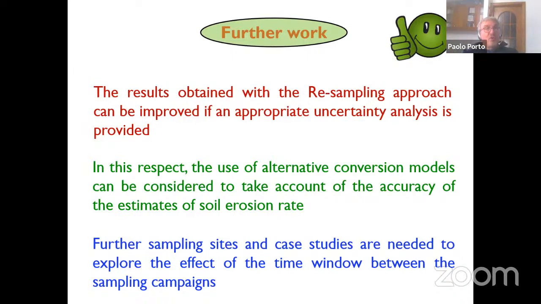If you try to relocate the sampling points that you used in the past, and your monitoring continues, that means you still have data of measured soil erosion or sediment yield, and you can make this comparison. I can tell you that it works even at catchment scale. Clearly, the uncertainty, as I said, is not like that in the plots, but it's a good way to start. I don't know if I answered your question.